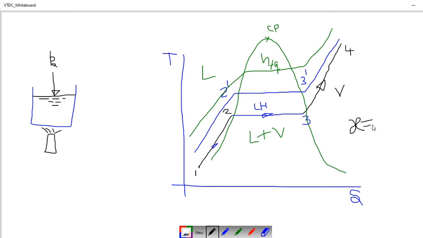It is a new parameter used for measuring the quality of water. So dryness fraction is the ratio of mass of vapor to mass of vapor plus mass of liquid.